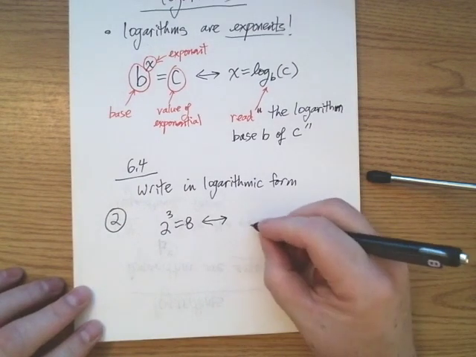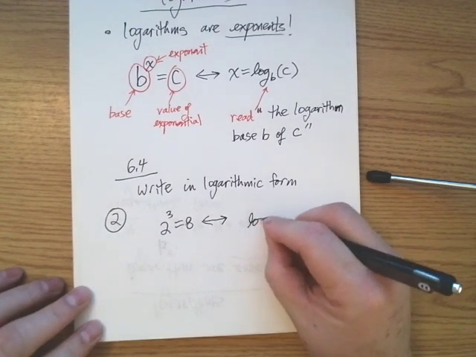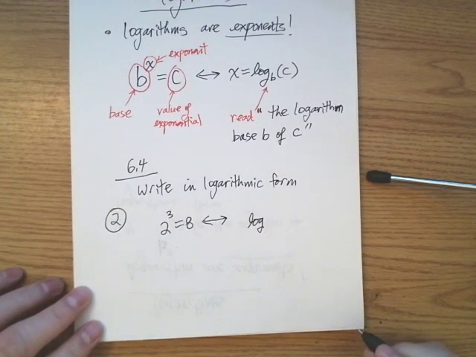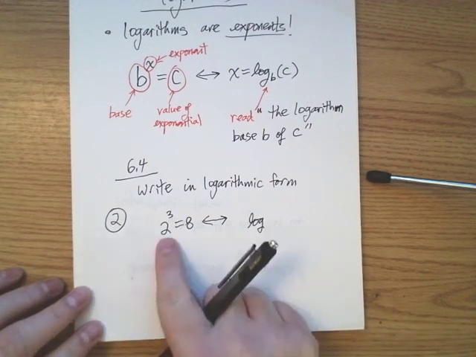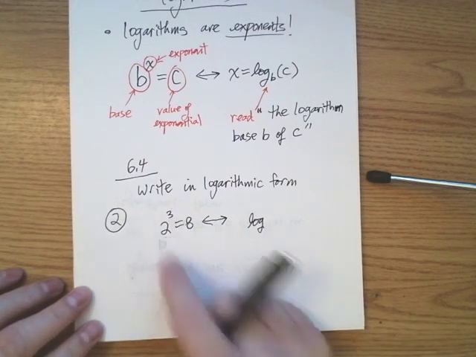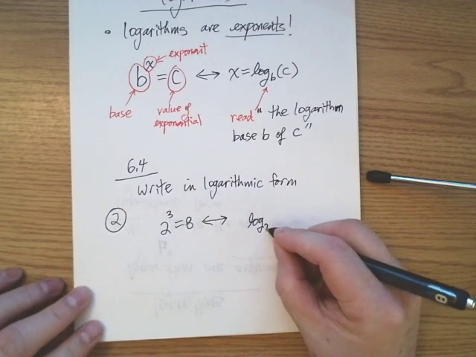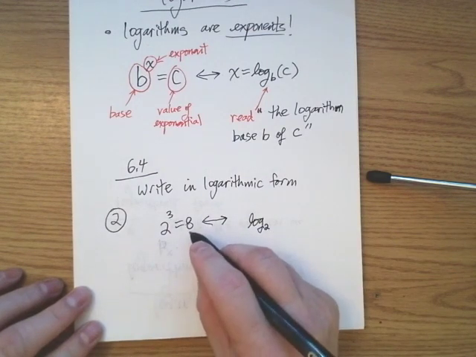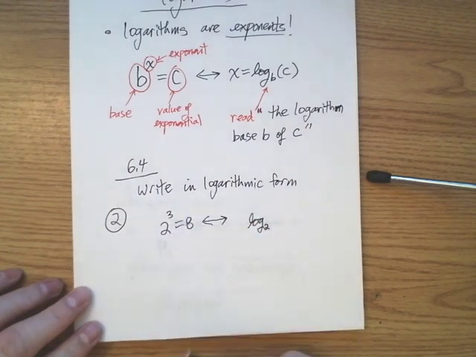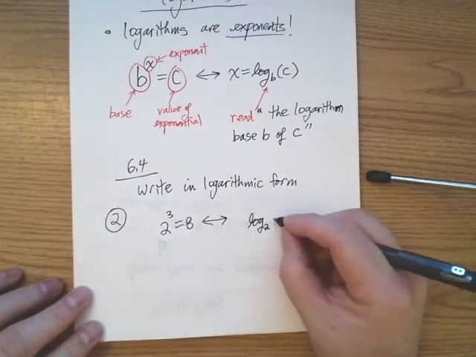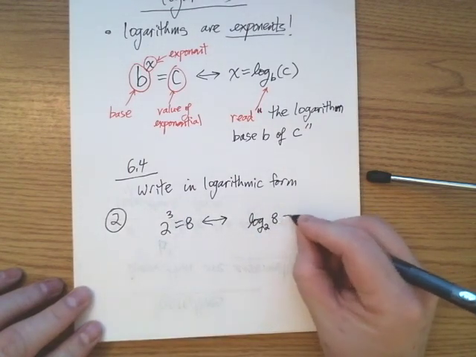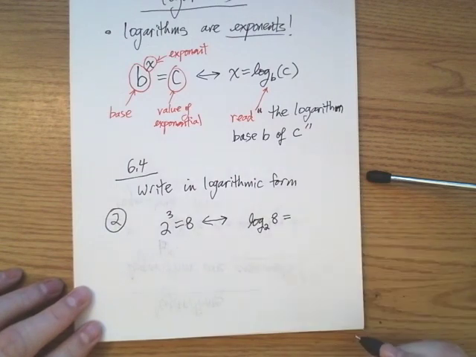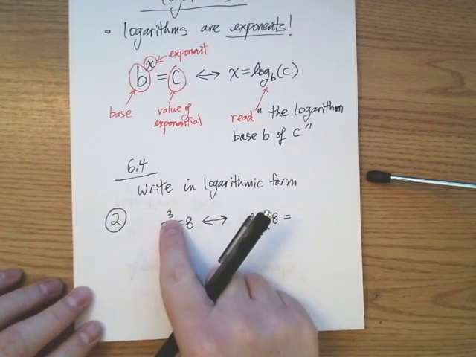Now, I'm going to write log. Logarithm base what? Well, base 2. That's the only base we're dealing with here. So it's going to be a logarithm base 2, so I make that 2 a subscript. What's the value of the whole exponential here? It's 8. And then on the other side where this is equal, you should have the exponent.